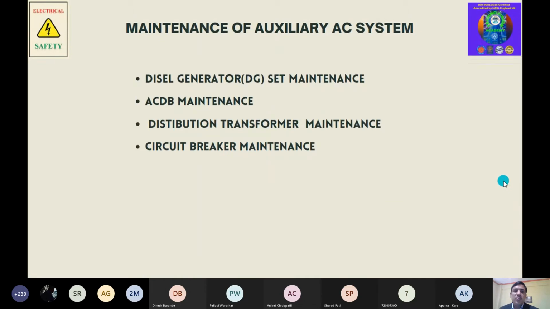Now the most important part is to maintain the auxiliary system. And whenever you maintain any auxiliary system, you have to take care of safety. I especially recommend to every electrical engineer, and even to the just graduate or those who are learning, to be very careful while working in any station, because we are playing with the live system.